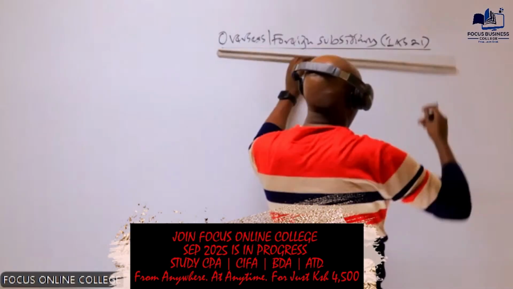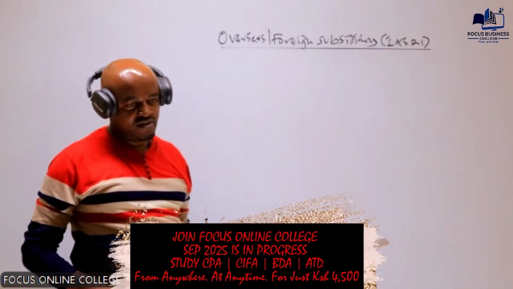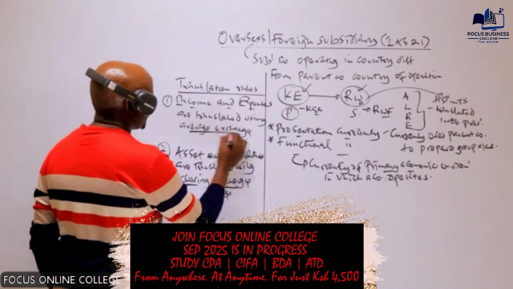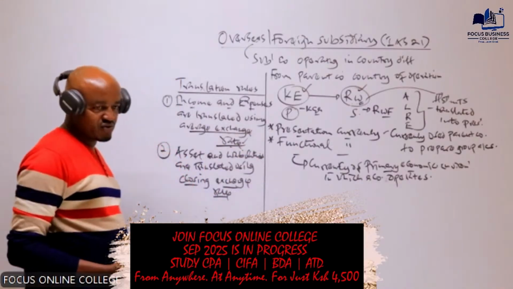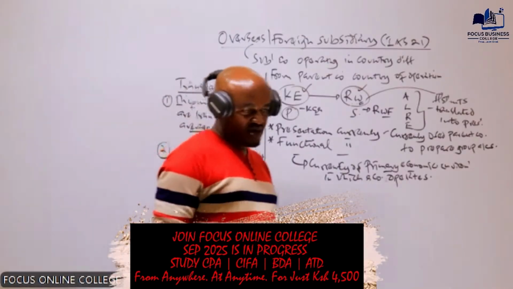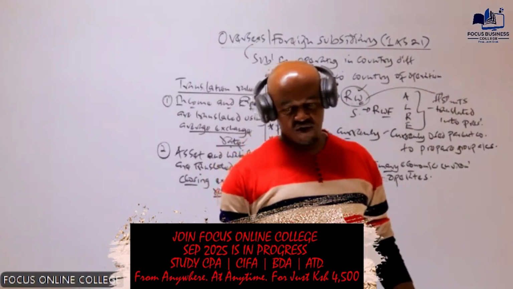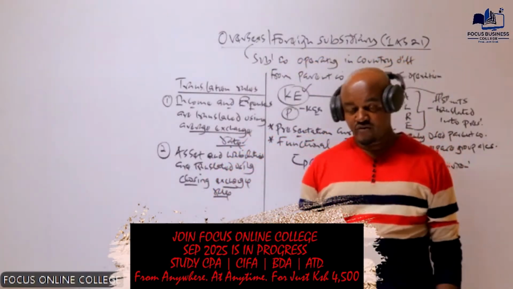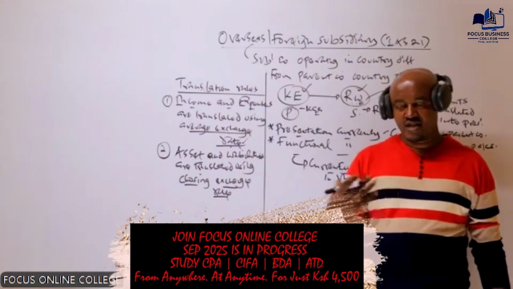So first of all, we need to ask ourselves, what is an overseas, or at the end of what? Of the year. If you are able to know that, then the question on preparation of group accounts whereby we have a foreign subsidiary becomes very, very simple.